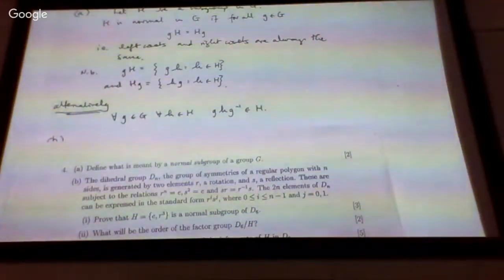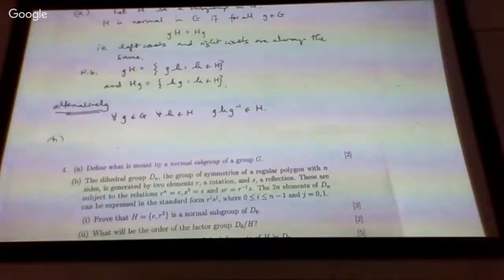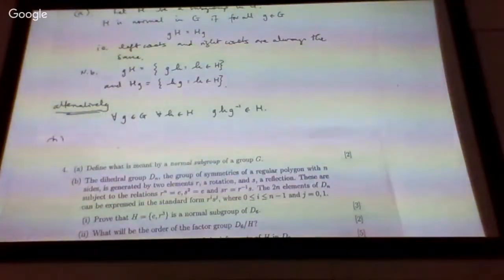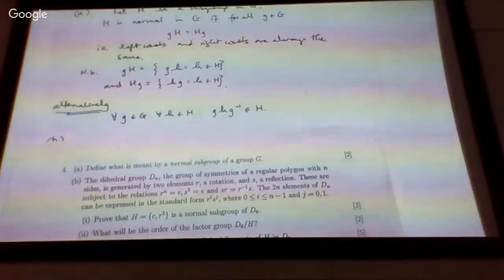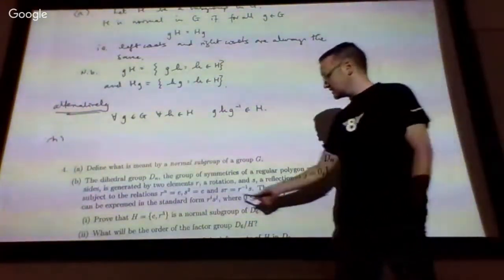And then it gives you this standard form. So the 2n elements of Dn can be expressed in standard form. You can always express a symmetry of the polygon as some amount of rotations, or some amount of rotations after a reflection. Right, so R to the i, S to the j. The options for j are either 0 or 1.